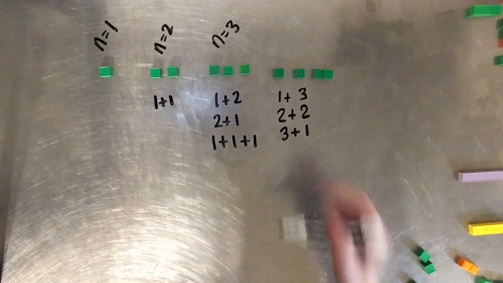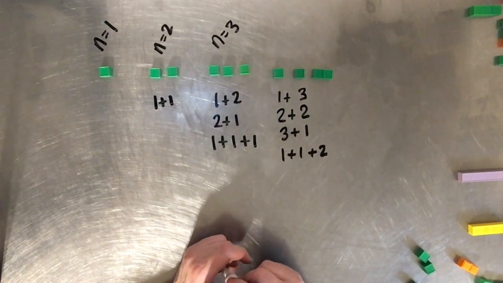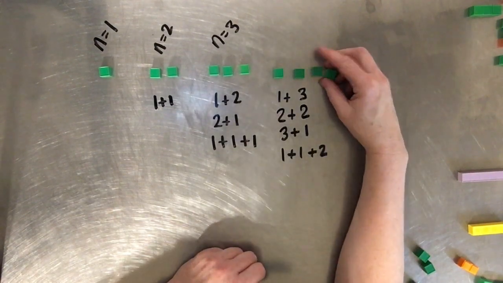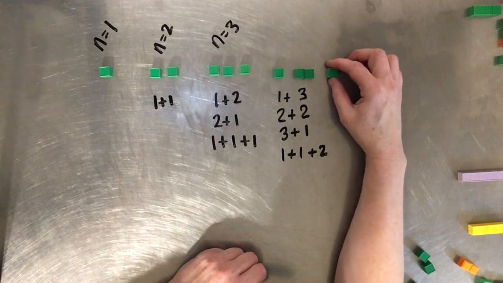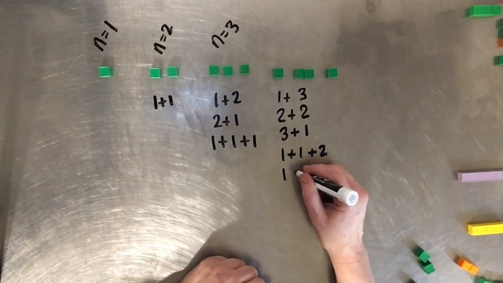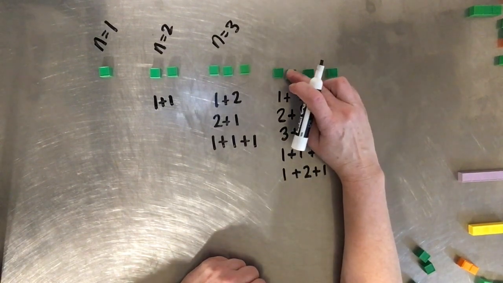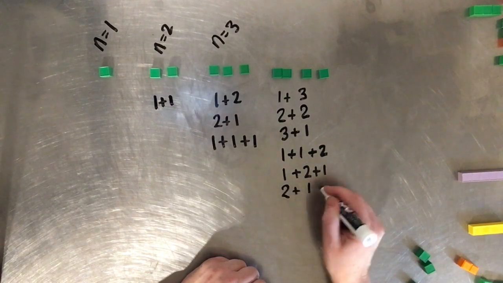Well, we end up with 1 plus 2. Okay, so now maybe we want to use that space, not that space, and use that space. Well, 1 plus 2 plus 1. Well, now maybe we want to shut that space down, use that space, and use that space, and we have 2 plus 1 plus 1.